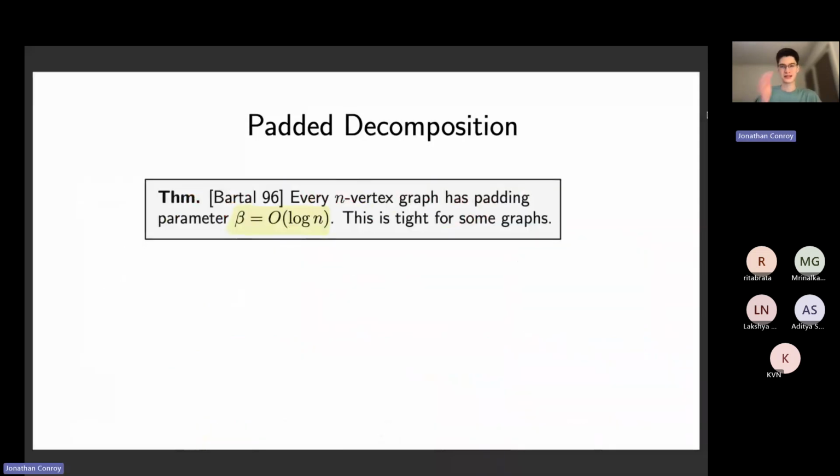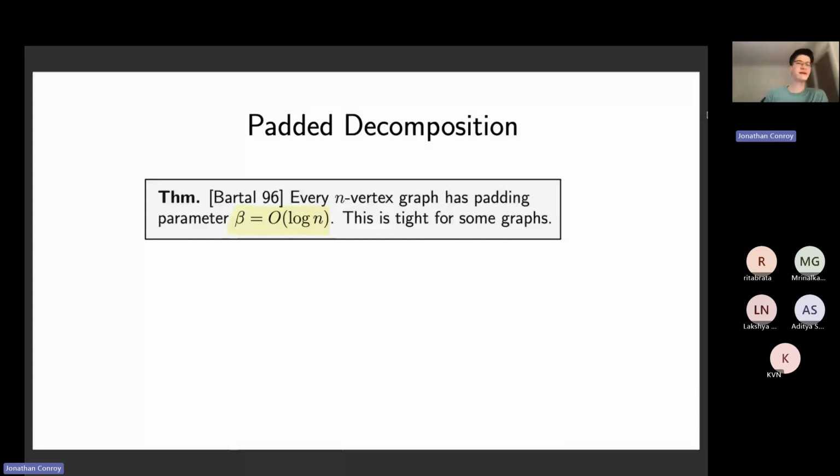And this notion of padded decomposition was formally introduced by Bartal in the 90s. Some ideas of this were present earlier, and Bartal showed that every n-vertex graph has padding parameter log n. And moreover, there are some graphs, like these constant degree high girth graphs, for which this log n padding parameter is actually tight. You can't do better.